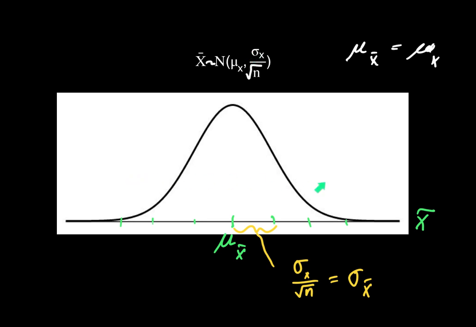Sampling distribution, the standard deviation, is sigma sub x bar. And the relationship there, as is written, but I'll make it more formal, sigma sub x bar is equal to sigma sub x divided by the square root of n.